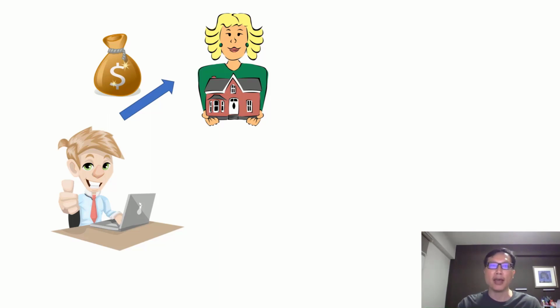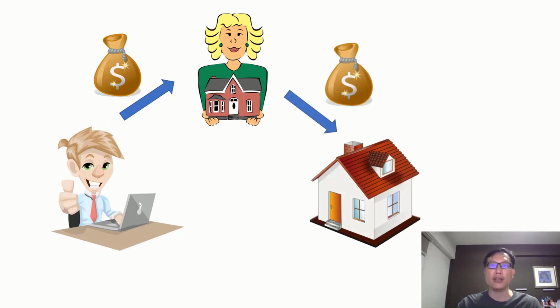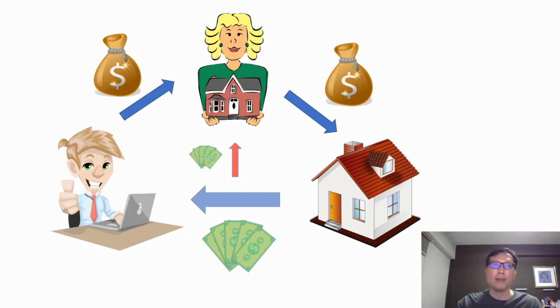You pass her the cash and she will use that cash to buy the house. She will also look after the maintenance of the house as well as being responsible for finding the tenants. The agent will then pass on the rental income from the house, net of all maintenance expenses, to you. And in exchange for all the work that she does, she will take a cut of the rental income as her fee.